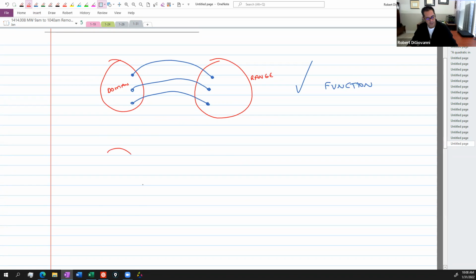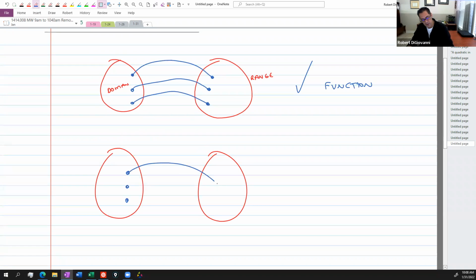Here's another picture. Let's say I have car here, car here, car here. Now, this is where the car analogy kind of breaks down. What we need to look at is, do each of these inputs go to exactly one output?